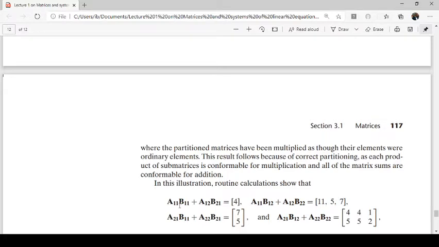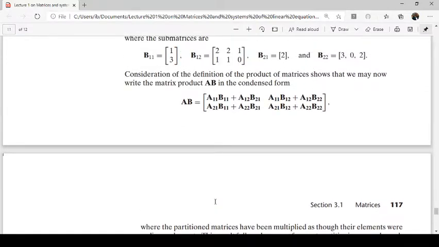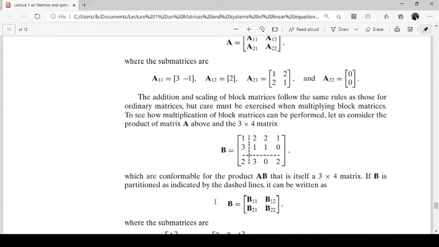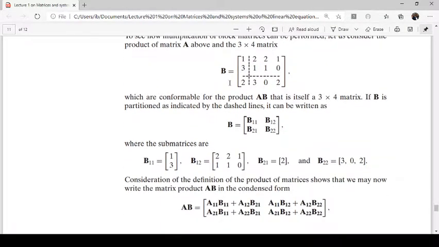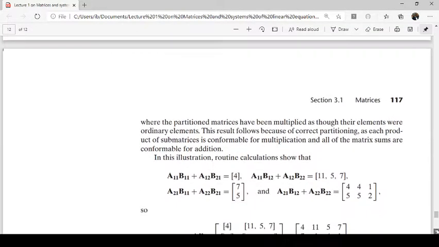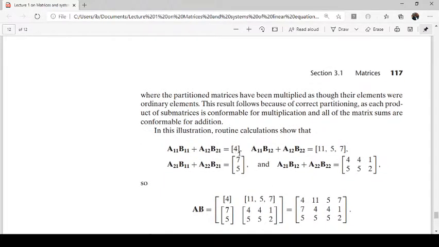Now A12 multiply B21. Where is A12? That's this. Multiply B21. Where is B21? That's this. That matrix multiplied by that gives you 4. 0 plus 4. That's how you have this unit matrix 4. You can try that for the others yourself.